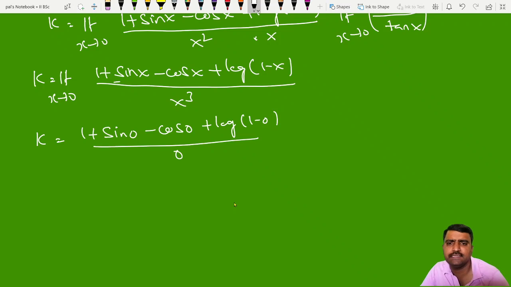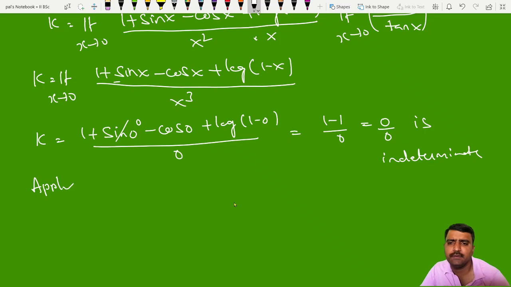So sin 0 is 0, cos 0 is 1, log 1 is 0. In the numerator we have 1 minus 1, which is 0, divided by 0. So 0 by 0 is indeterminate. When it assumes an indeterminate form, we apply L'Hospital rule here.